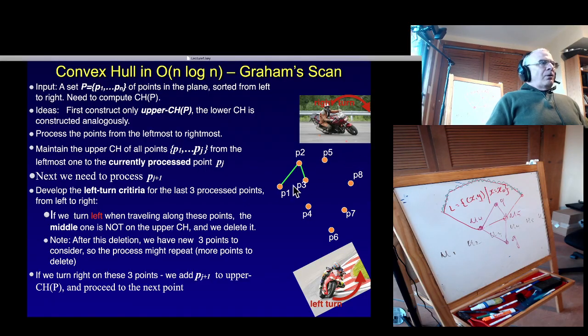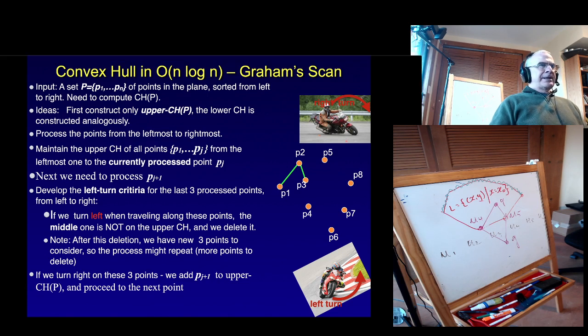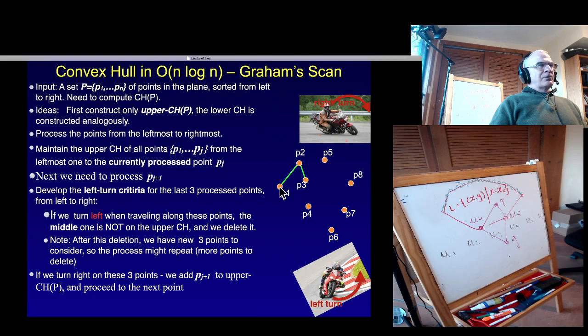It's also safe to assume that P1 must be on the convex hull, for sure. The leftmost point is always on the upper convex hull and always in the convex hull itself. It's the next point that I'm worried about. So let's assume that P2 is also in the convex hull, and what I'm asking is, when I'm going from P2 to one more point that I'm adding, P3, did I turn right?